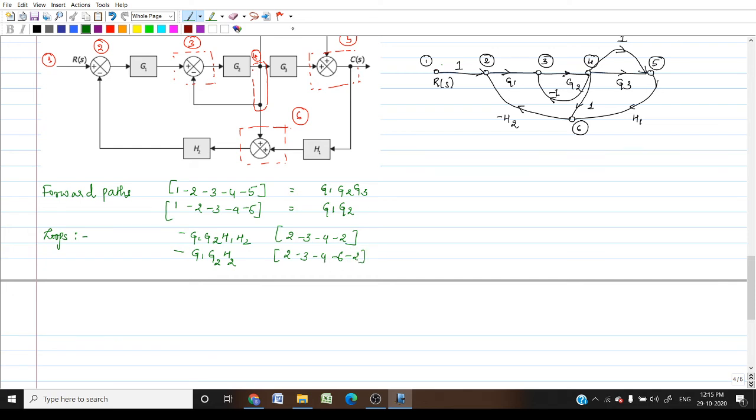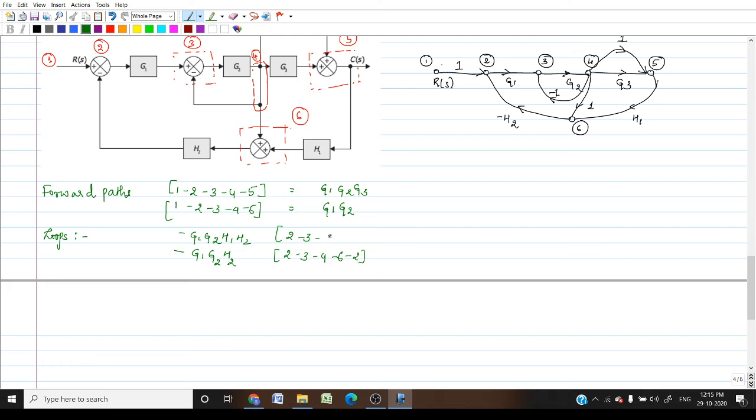Sorry about the previous one. The previous one is not 2 to 3. It is 2 to 3, 3 to 4, and then from there we have 4 to 5, and from 5 to 1.